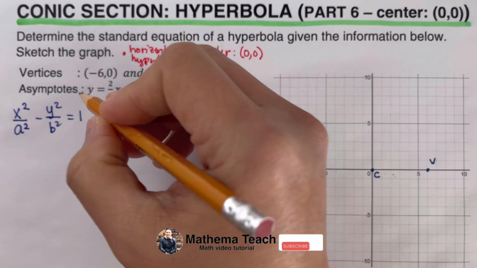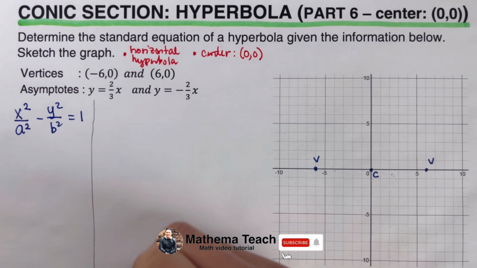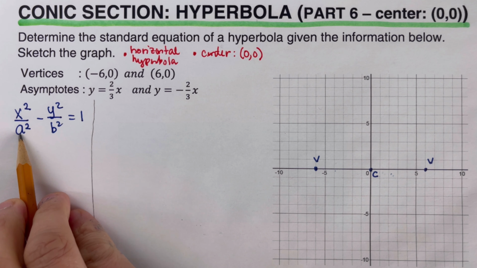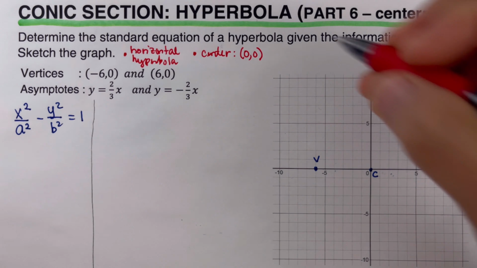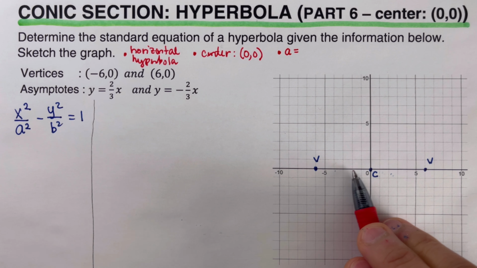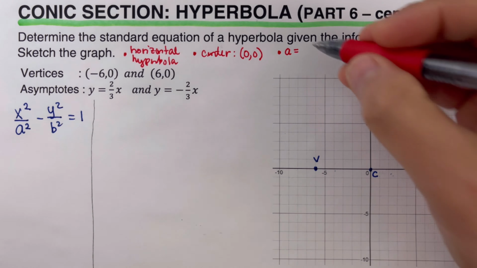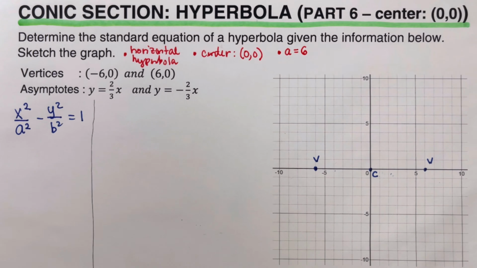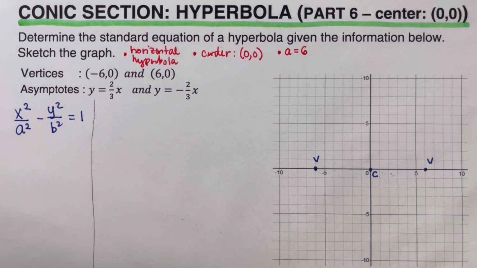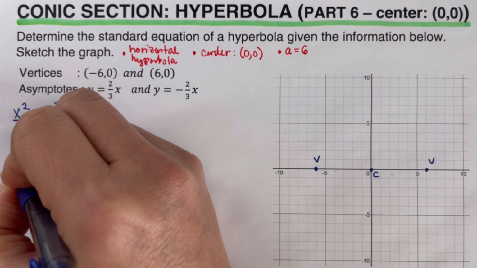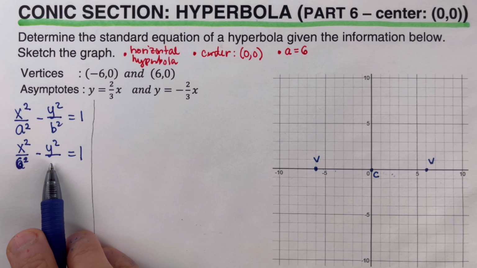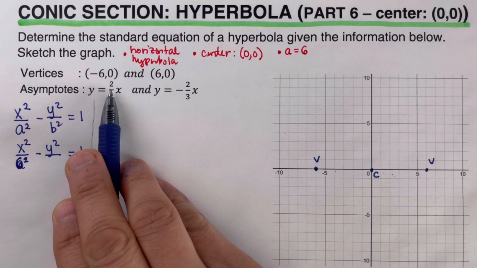Please notice that the distance from the center to the vertex is represented as letter A. So our A would be equal to 1, 2, 3, 4, 5, 6. I'm going to label that as 6 up there. So I will plug this 6 into the A, and the equation would look like this. I left this b squared blank because we don't know what b is, but we're given the asymptote.